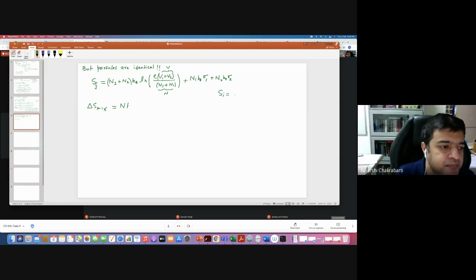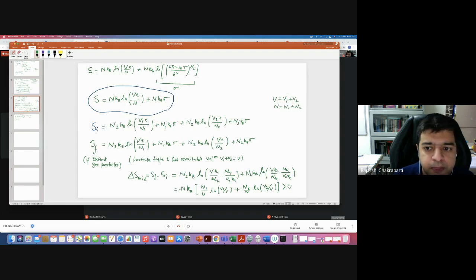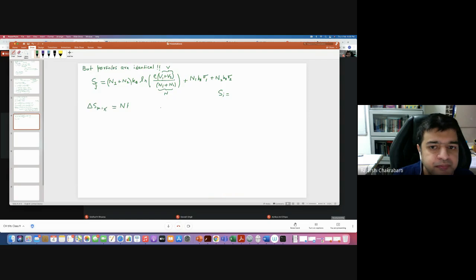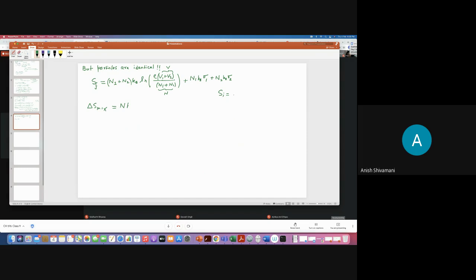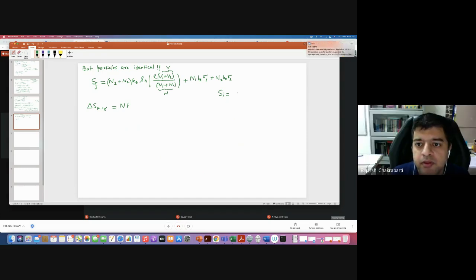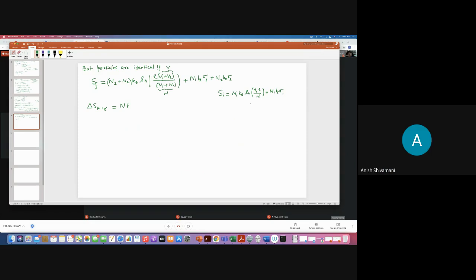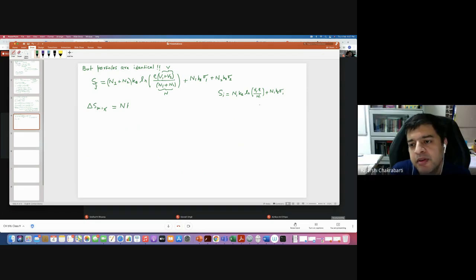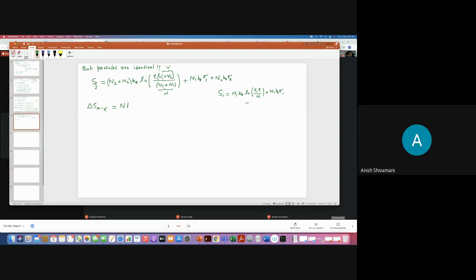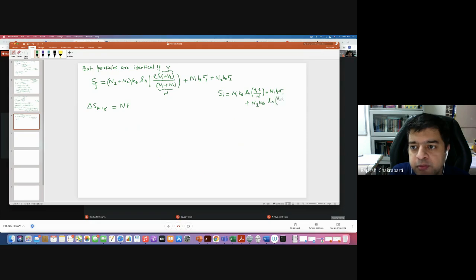What is Si? Go back. This was Si, no? N1 kb ln V1e by N1. Can anyone tell me what is Si? N1 kb ln V1e by N1 plus N1 kb sigma 1, plus N2 kb ln V2e by N2 plus N2 kb sigma 2.